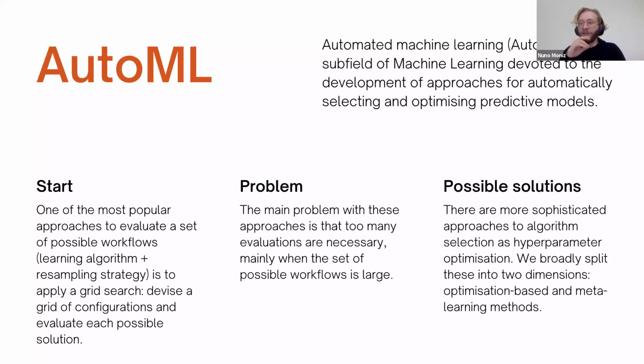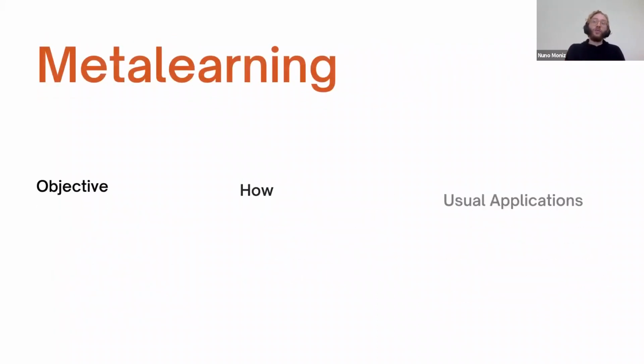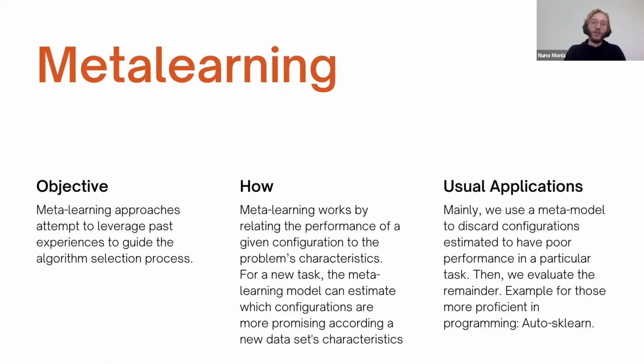And then you have this meta-learning approach, which is basically what we had in our first question. So how can we use data characteristics to guide this decision process?